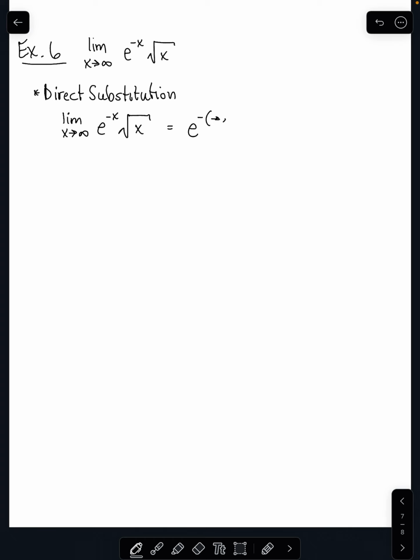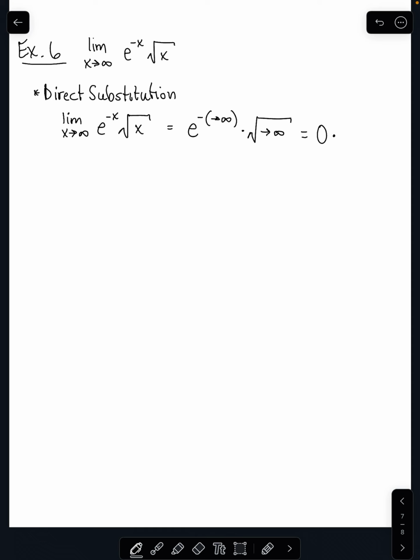So we have e to the negative something that is approaching infinity times the square root of something that is approaching infinity. As we saw in the previous example, when e is raised to a negative large power, it approaches 0. However, the larger the value we take the square root of, the larger its square root will be.